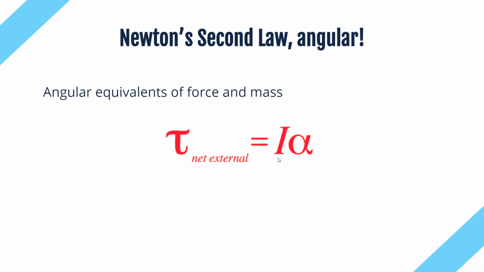I is the equivalent of mass. In this case, it's called moment of inertia, which is a really long name. I don't know why they call it that. Most people actually want to change it, but it was created a long time ago, so that's what it is now. So I is essentially the moment of inertia, equivalent to mass. And alpha, we talked about this earlier, it's just angular acceleration. So if we put them all together, we essentially get Newton's second law, except in angular terms.